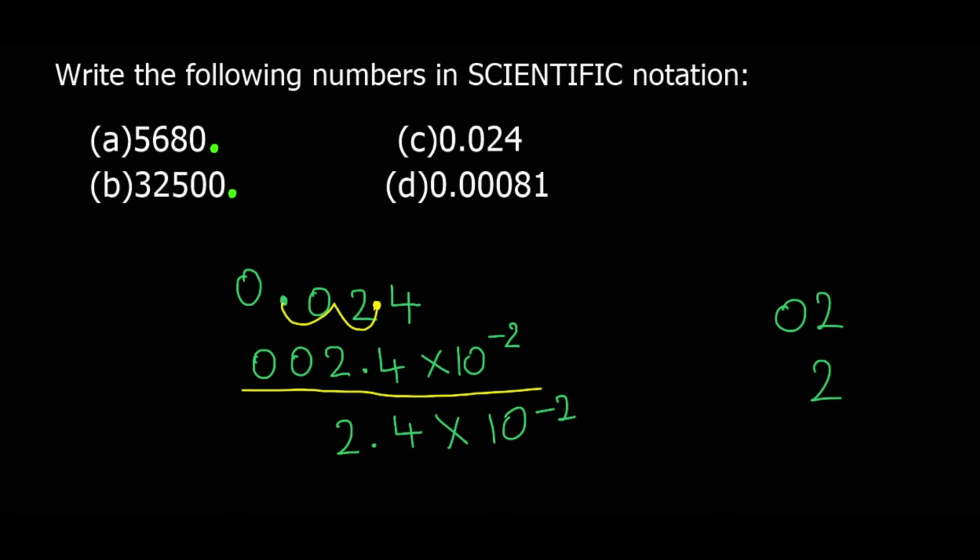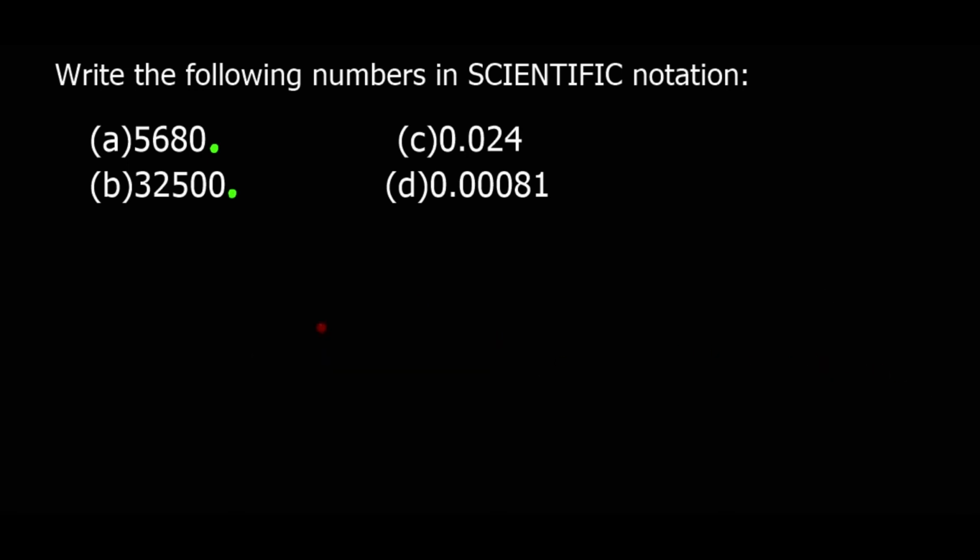Let us look at part D. Part D we have 0.00081. We will do the same thing. We will move this decimal point right in front of the first non-zero number. 1, 2, 3, 4. We stop there.